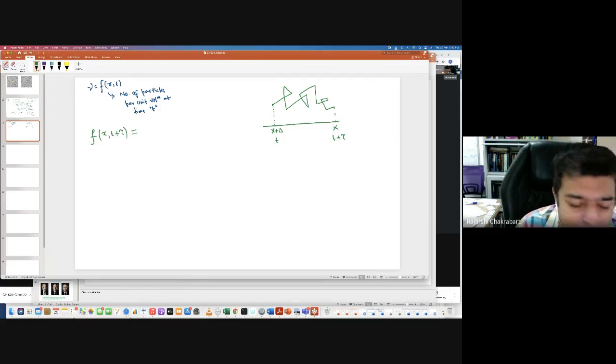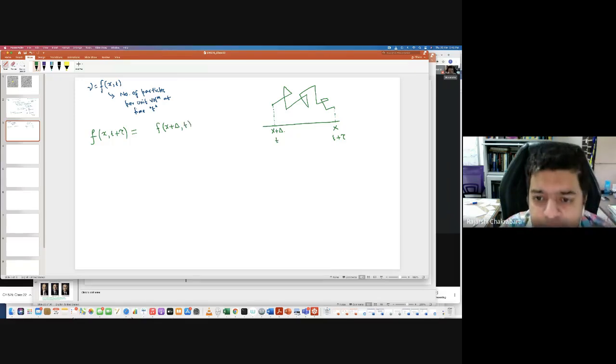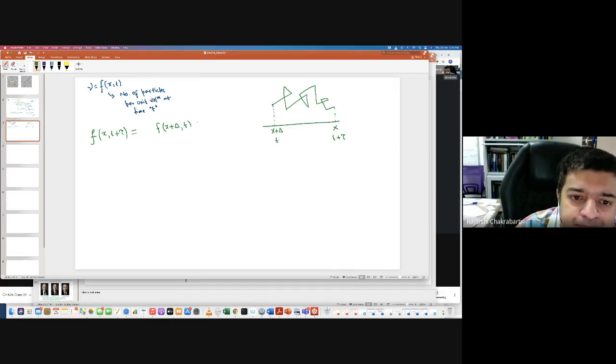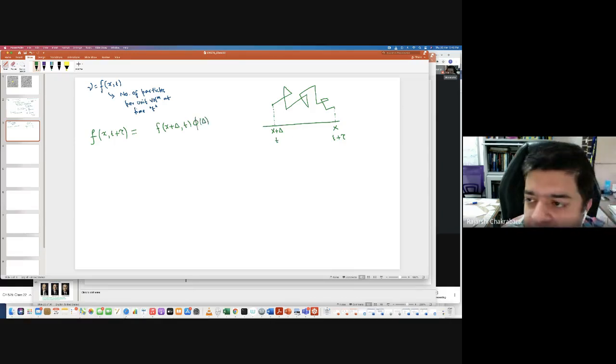You had started here. The probability was f of x plus delta, at time t. But then from here to here, you have gone through some jump process with some probability phi of delta. So I should multiply with phi of delta in order to get the distribution at time t plus tau.